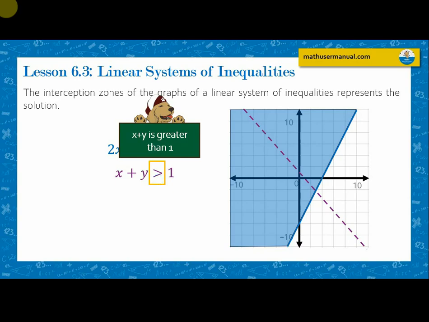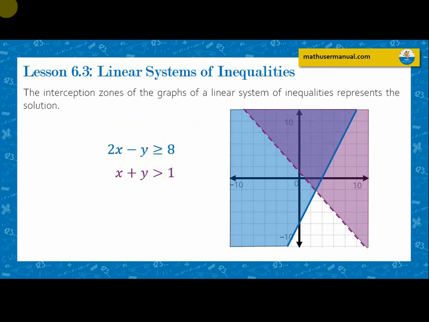Now we can paint the top part, because this is still greater than 1, which means above the line. The only difference between the purple and the blue one is that on the blue one we are allowed to touch the line, and on the purple we are not. And that's it. This is the graph of our two inequalities.